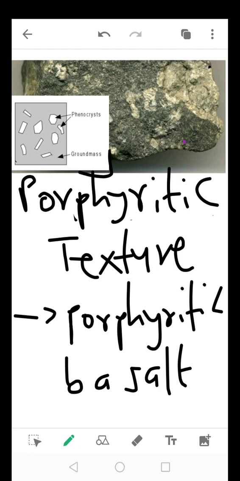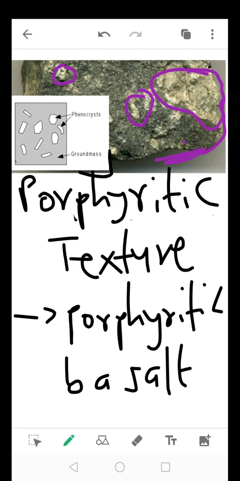And do not forget that the textures reveal so much about how the rock has been formed, and they reveal so much about the origin of different igneous rocks. So if we know for a fact that the textures reveal so much about the initial processes that could have occurred during the formation of such a rock, then when we look at this rock, we start to see the larger crystals.